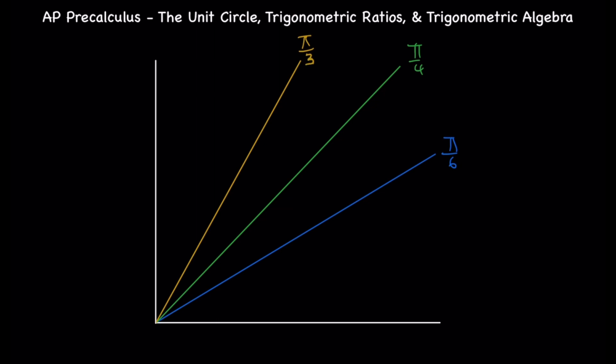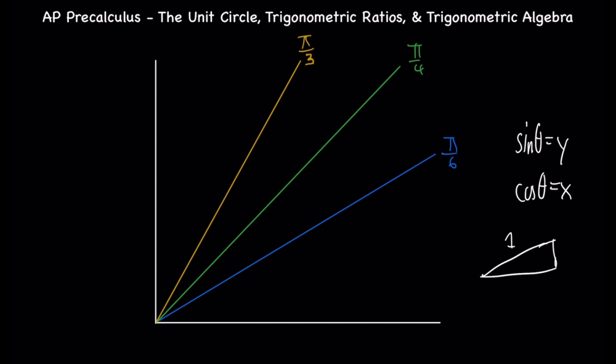All right. So we've already been told that sine theta equals y and cosine theta equals x. So basically what that's saying is that, say we have a triangle and we know its hypotenuse, like say it's 1.